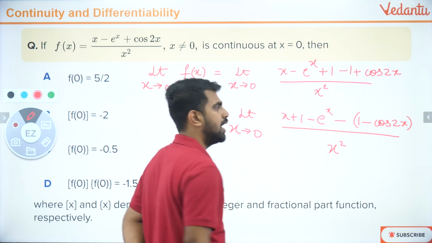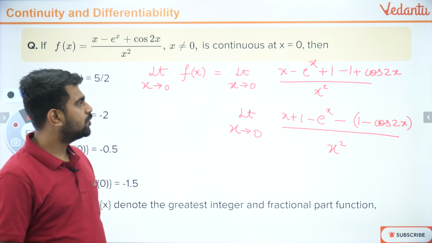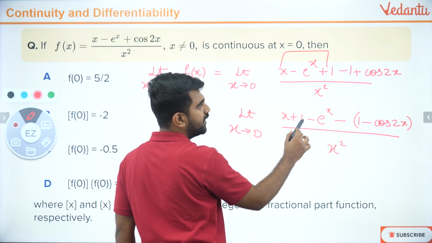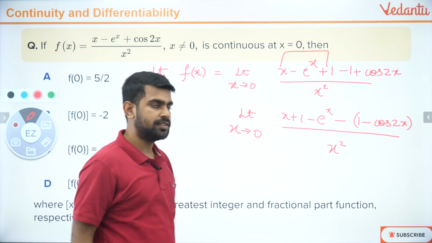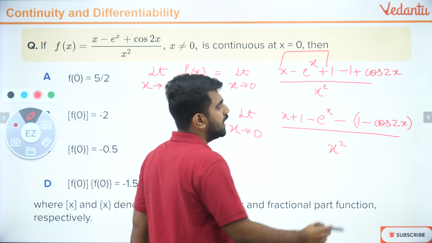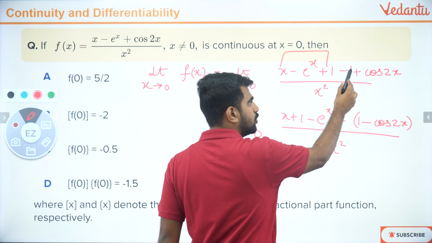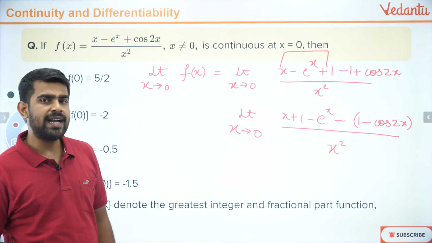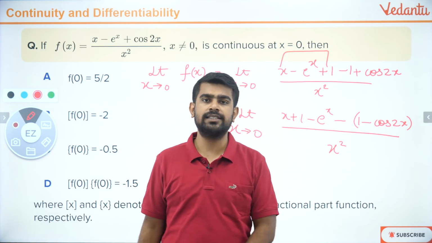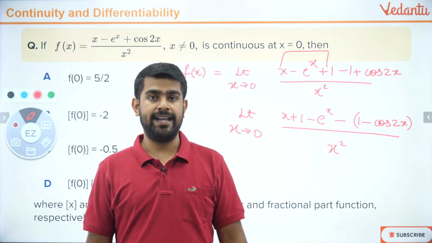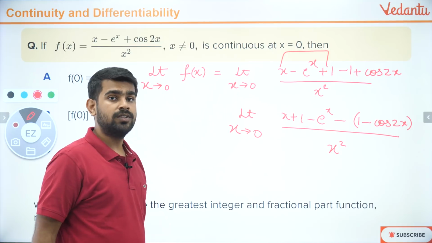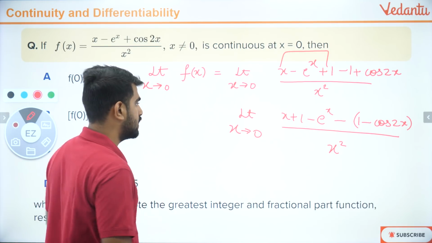Okay, are you all fine with that? What did I do? I clubbed these two and I wrote x plus 1 minus e power x as it is, and then I have taken minus outside here, so 1 minus cos 2x will come. Okay, why did I do that? Because 1 minus cos 2x is nothing but 2 sin square x. Isn't that correct, guys?